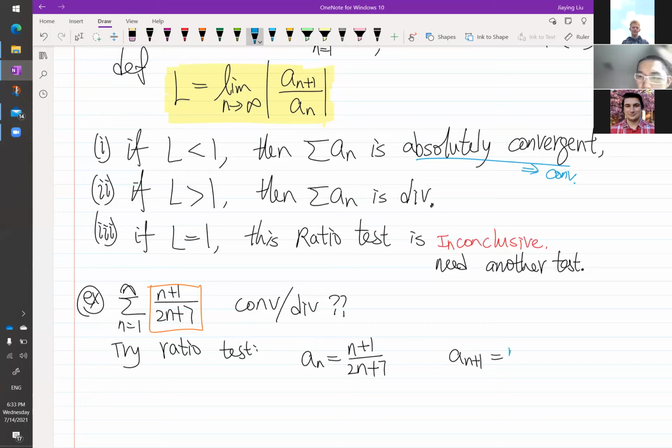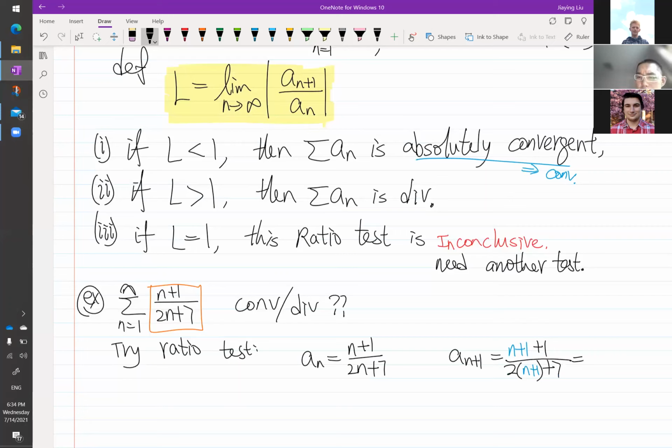So n becomes n+1, but I already add 1 in the numerator, so n+1+1. The denominator is 2 times n, now it's 2(n+1), and then plus 7, right? So that's a_(n+1).